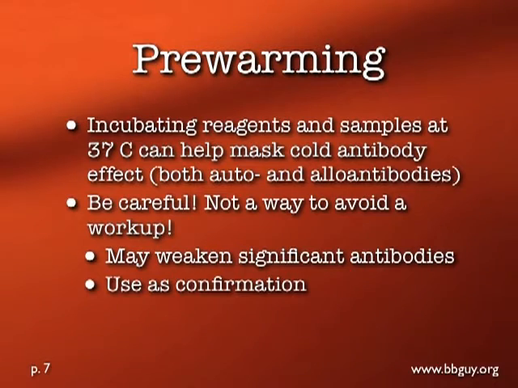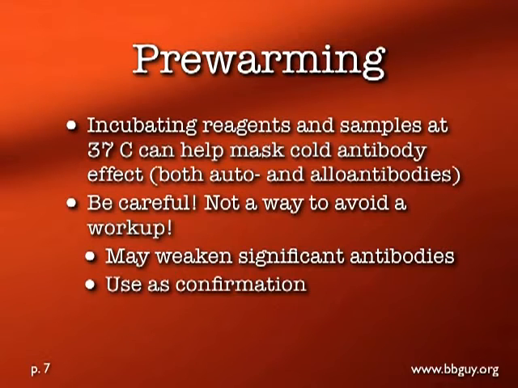Pre-warming, on the other hand, is a way to incubate reagents and samples at warm temperatures in order to mask cold antibody activity, and that includes both cold autoantibodies against your own red cells and alloantibodies against someone else's red cells. People like to do pre-warming because it gets rid of some reactions you don't really want to see, but you have to be careful because pre-warming can weaken significant antibodies, and it really should only be used as confirmation.